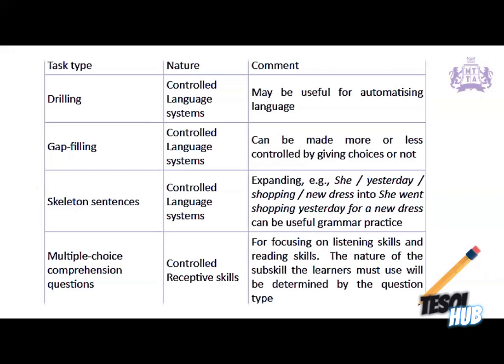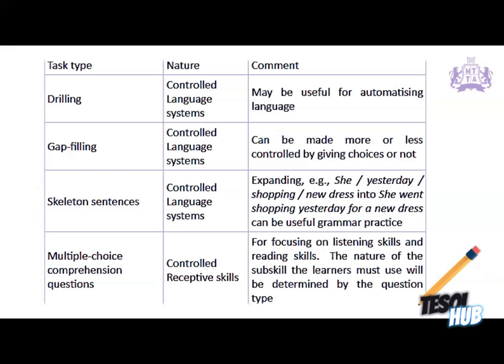For example, you can give them: she, yesterday, shopping, new dress, into. And they will form the sentence: She went shopping yesterday for a new dress. It will help you a lot whenever you have a grammar target language.